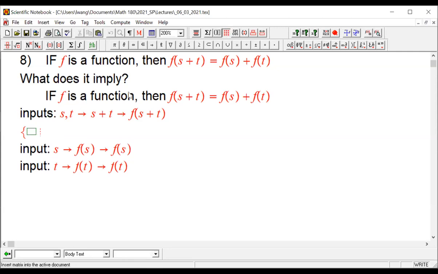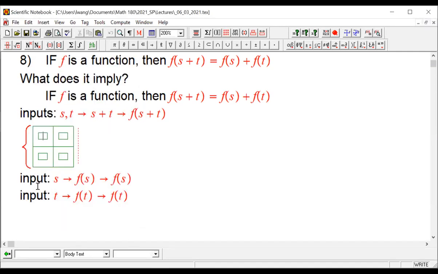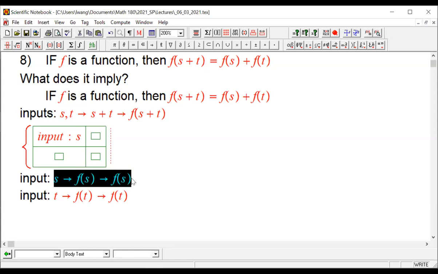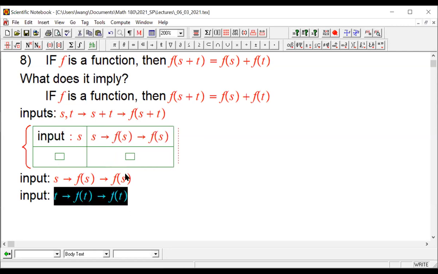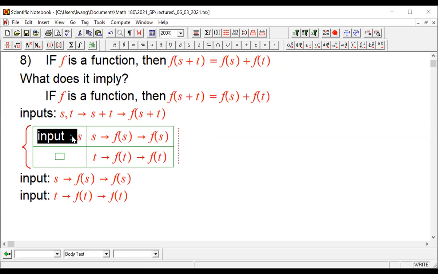Right, so you first have to understand what this is. So this is the input, and the input here is t.